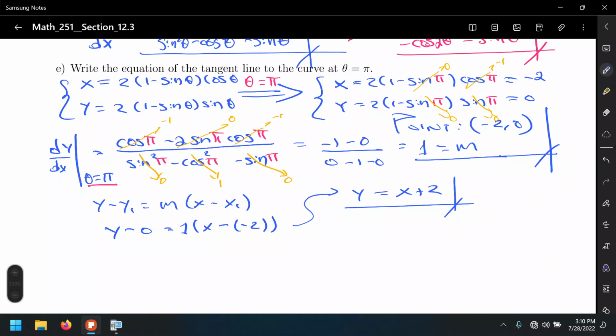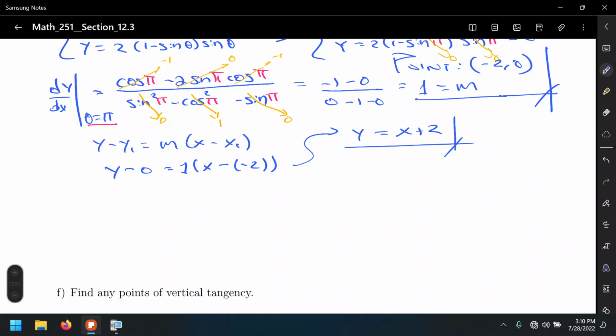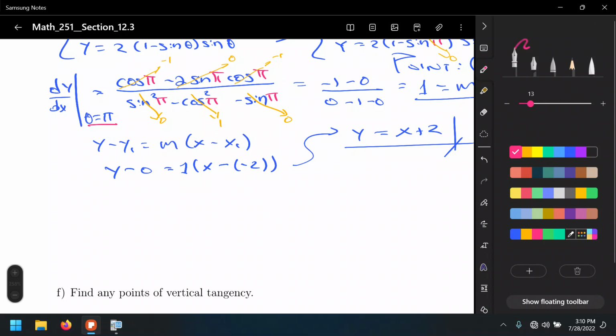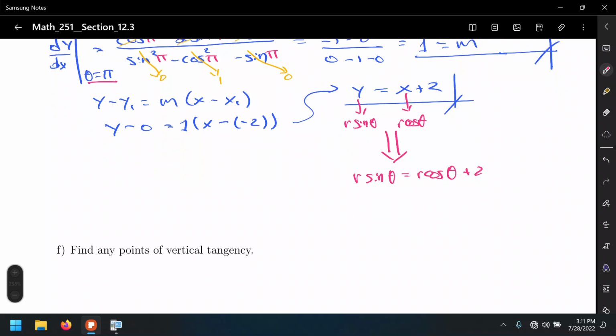So let's do the following then. Let's change this equation to polar form. This is r sine theta, r cos theta. So this will result in r sine theta equals r cos theta plus 2. Let's have all the r's on the left hand side and then everything else on the right hand side.